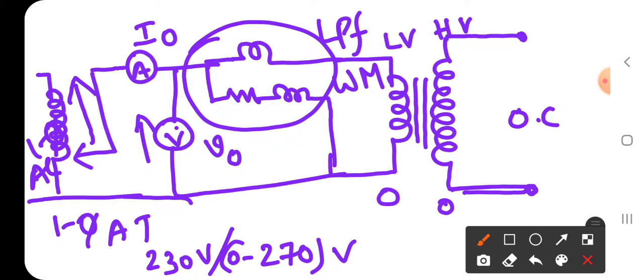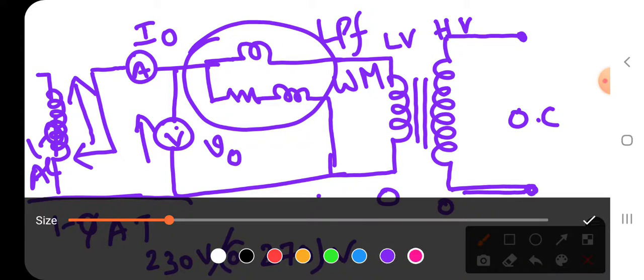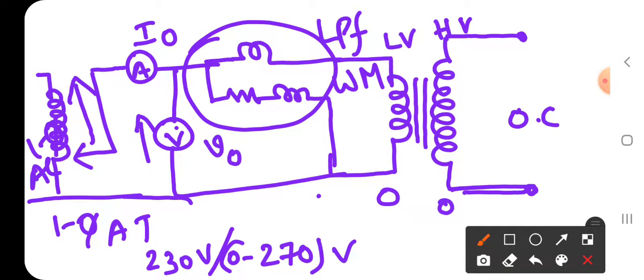Whenever V0 is equal to the LV rating, you can take the readings of the LPF wattmeter, I0 and V0. So you can take the V0 value, I0 value, and W0 value.